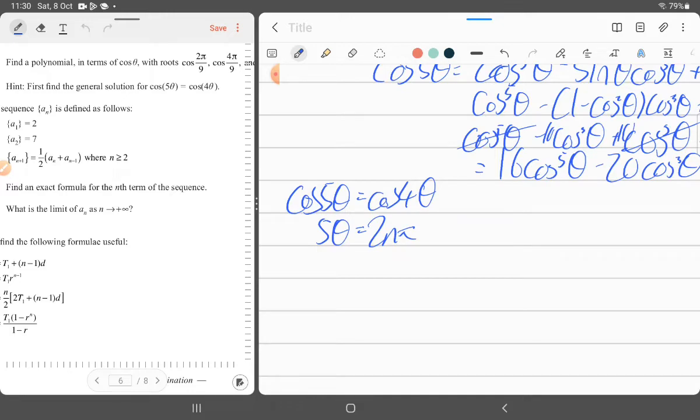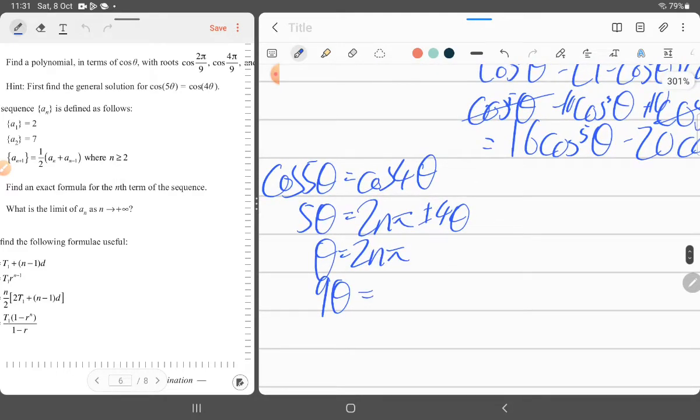Oh, it doesn't really matter. It's minus 4 theta. So theta is equal to 2 n pi. Oh, actually, no. There's also a possibility where 9 theta is equal to, wait, theta is equal to k pi over 9. This is also a possibility.